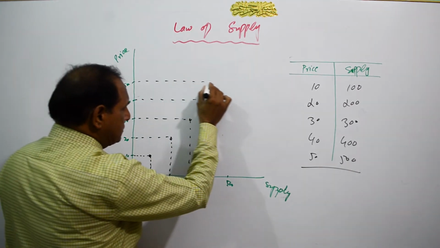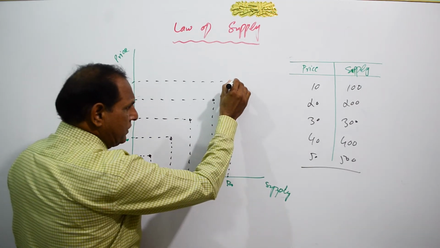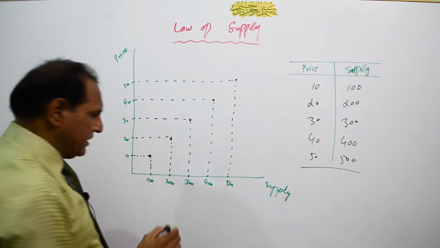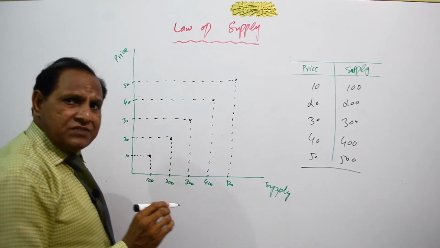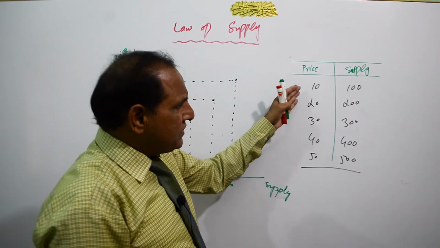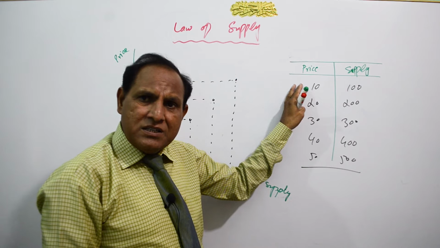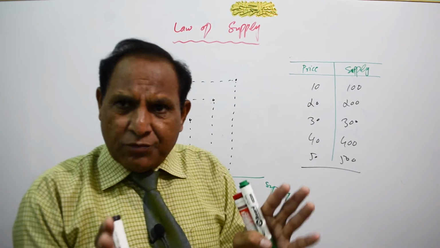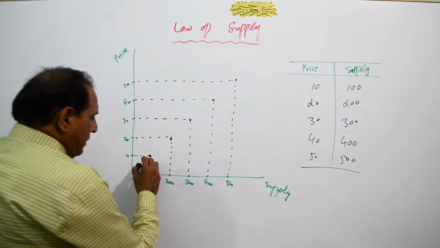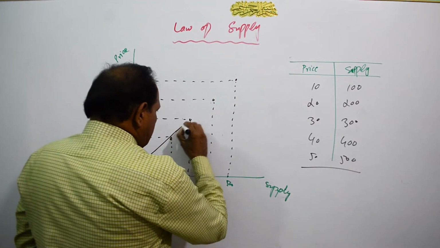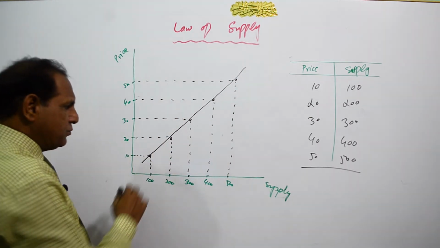And when the price of the good reaches rupees 50, the supply for that good will reach 500. We have generated 5 points. If the table consists of 5 points, surely there will also be 5 points in the diagram. We will draw a line meeting these points.